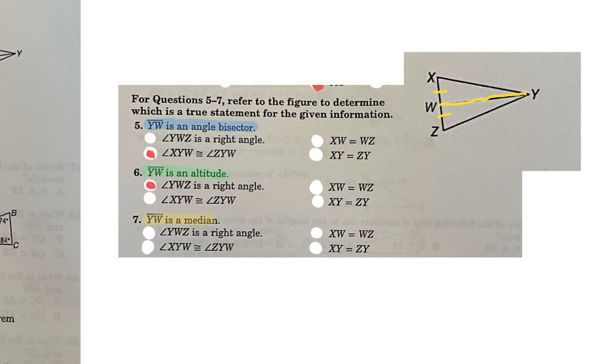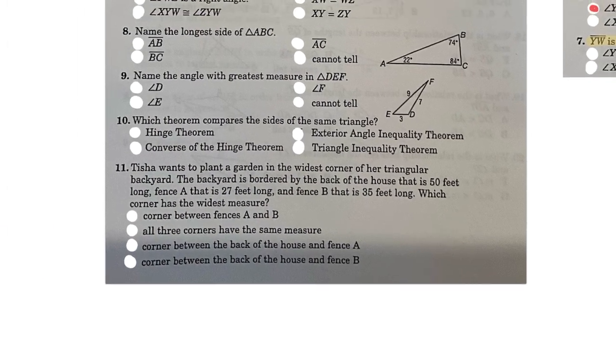Also, perpendicular bisectors don't need to go through vertices like this, but medians always need to go through a vertex. So in fact, you could start from the vertex and cut across in such a way that cuts this in half. So what do we know? XW is equal to WZ. So that's right here. Okay, hopefully that makes sense. Those are the answers to those.